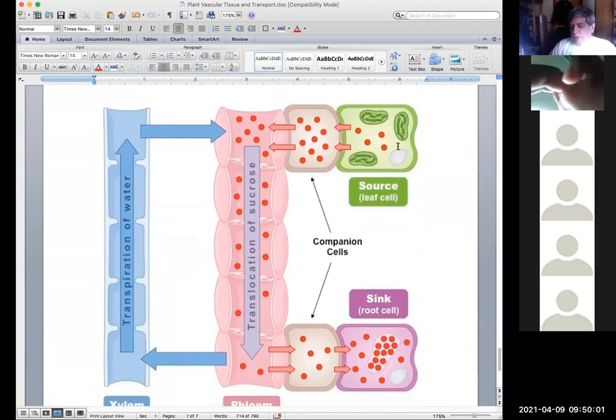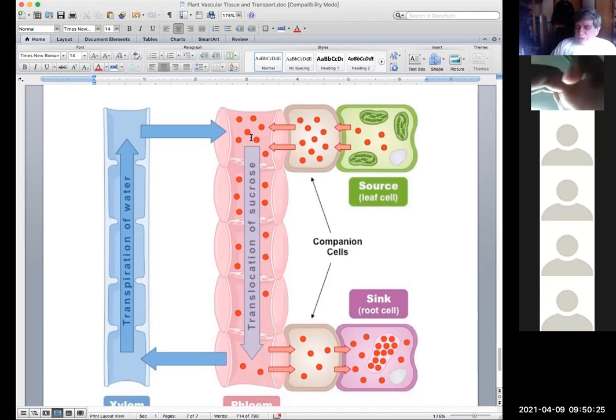So let's look at a leaf cell that's carrying out photosynthesis, making sucrose. So sucrose is pumped into the companion cell, which then gives it to the sieve tube. And as sucrose is pumped into the companion cell and the sieve tube, water enters.